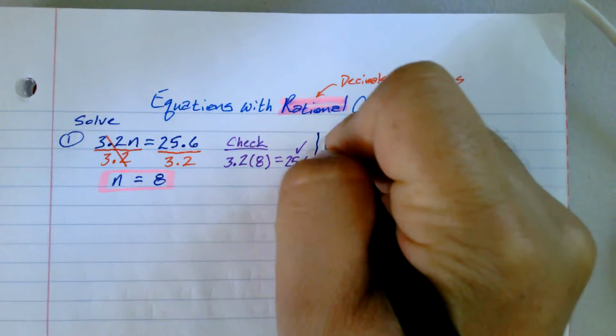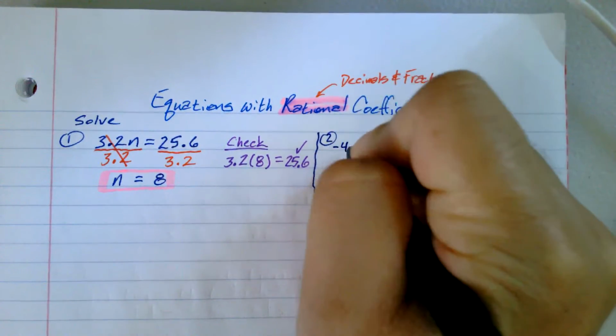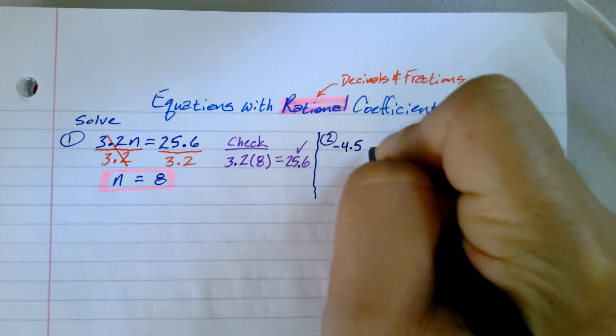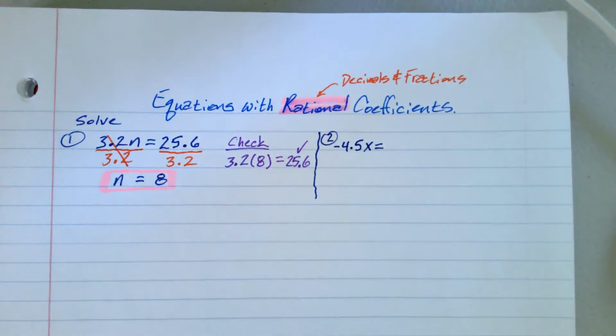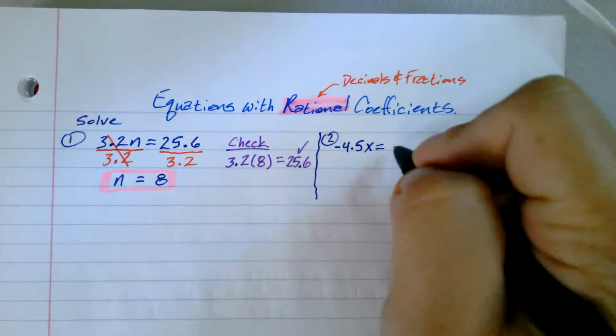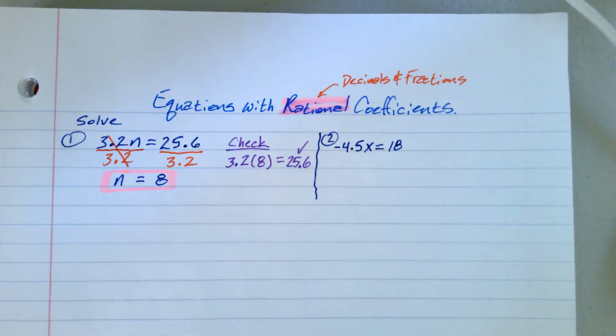Number 2. And this is negative 4.5x equals 18. Let's try this one.